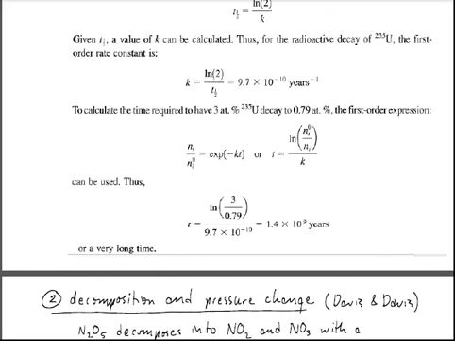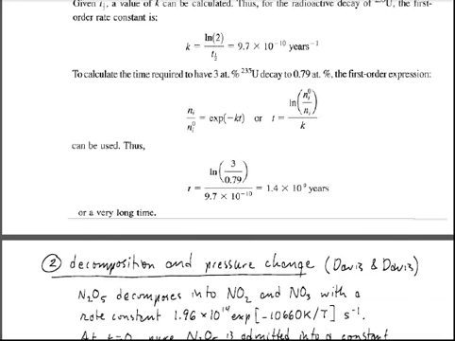To calculate the time required to start from 3 atomic percent uranium and decay to natural abundance level, which is 0.79%, we have that N_i must be equal to N_i0 times e to the minus kt. We want N_i to be equal to 0.79, and N_i0 to be equal to 3.